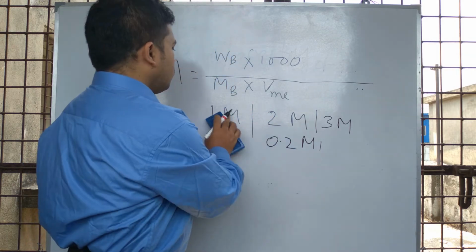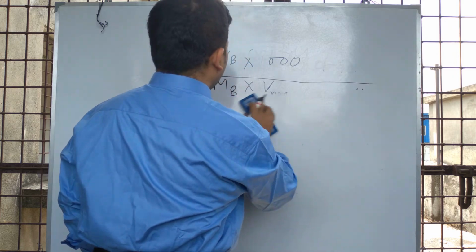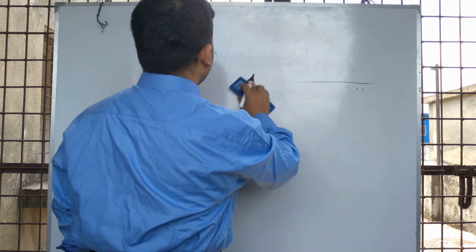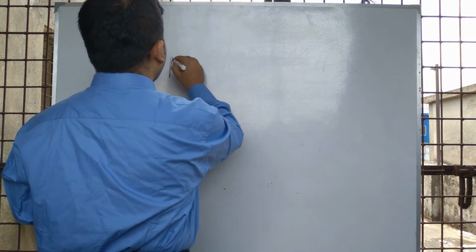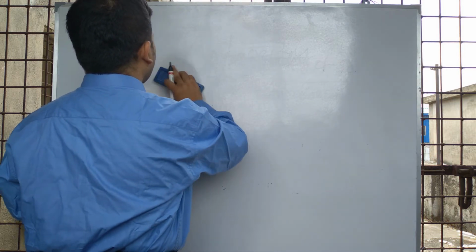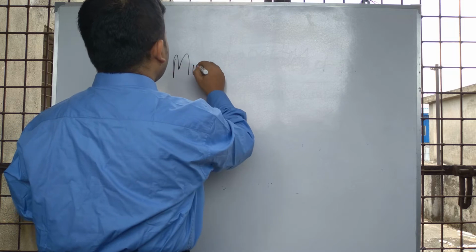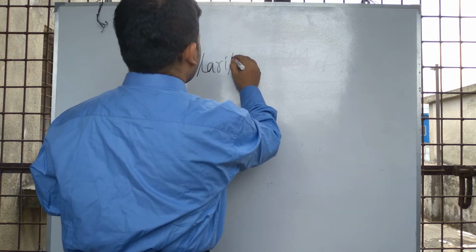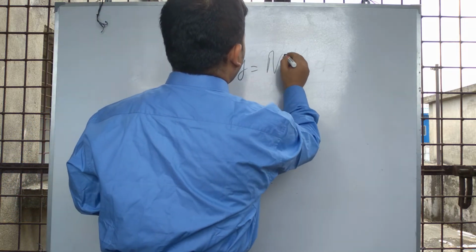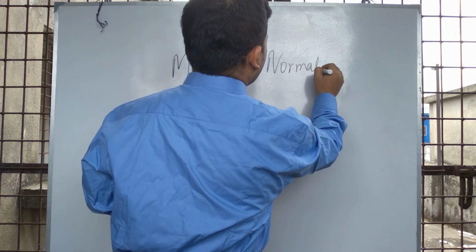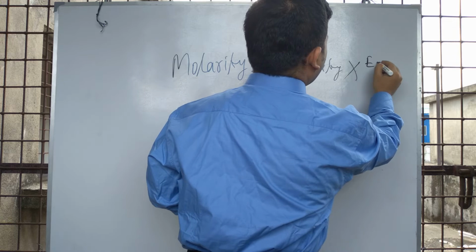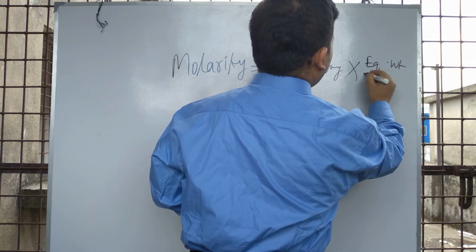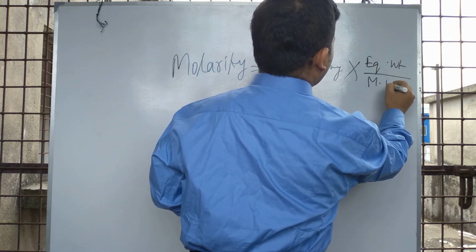Now we see the relation between molarity and normality. Molarity and normality are related as molarity equals normality into equivalent weight by molecular weight.